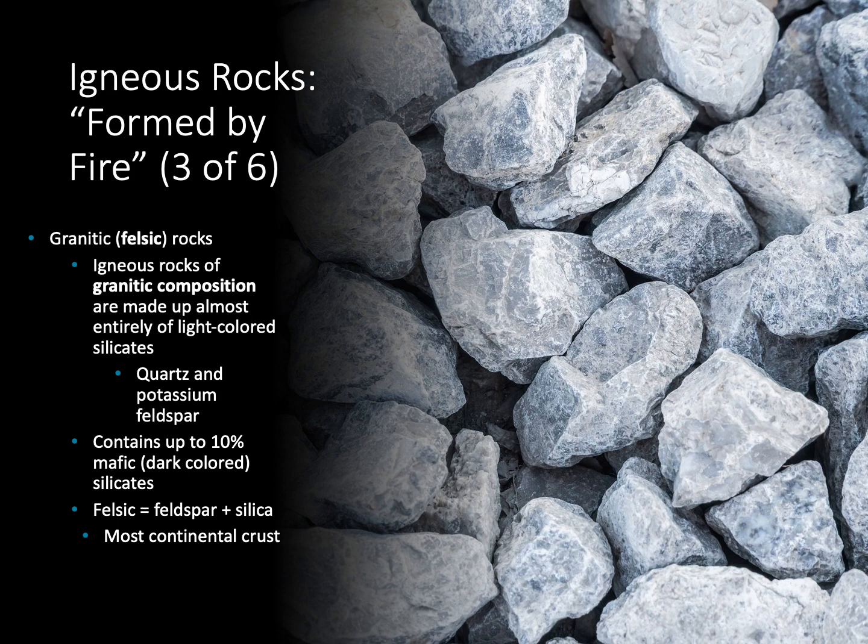And the reason why these are called felsic rocks is because they're made up of that mineral feldspar and other silicates, or silicas. But probably the most important thing to know about felsic minerals, other than the fact that they're light in color and lightweight, is the fact that they make up most of the continental crust on our planet. And this will become important next chapter.